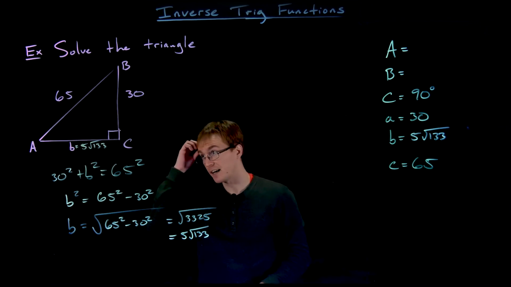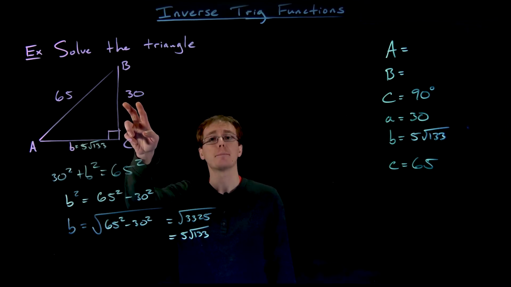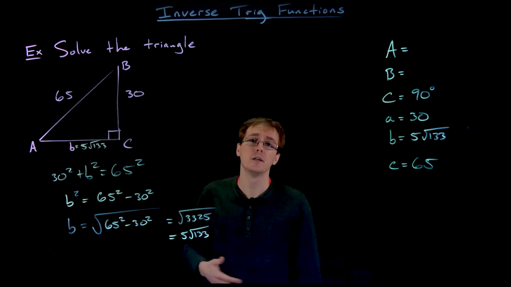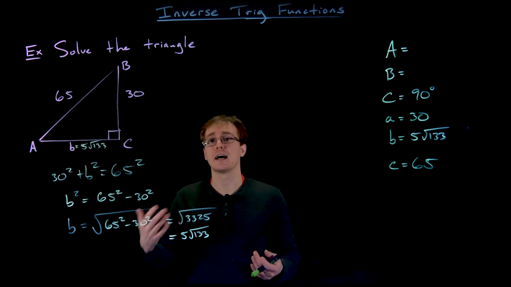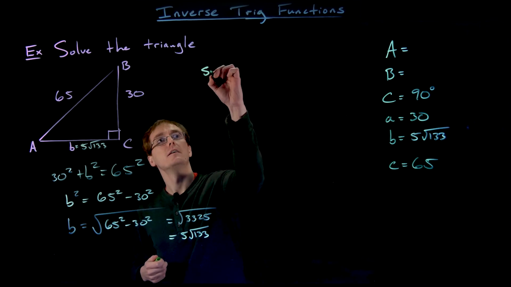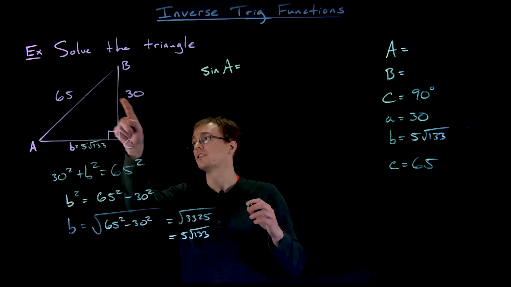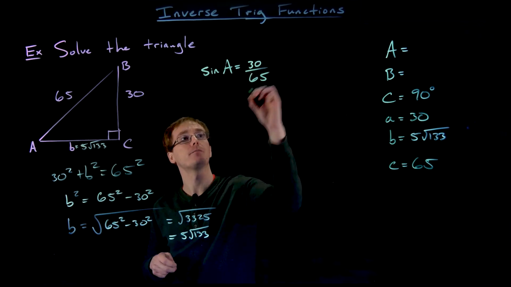So if we want to try to find A using the side length of 30 and the side length of 65, with respect to our angle A, the side length of 30 is opposite of angle A, and the side length of 65 is our hypotenuse. So we want to use one of our trig functions that relates the opposite side to the hypotenuse, and I believe that is our sine function. So if we take sine of our angle A, we're going to get opposite over hypotenuse, or 30 over 65.